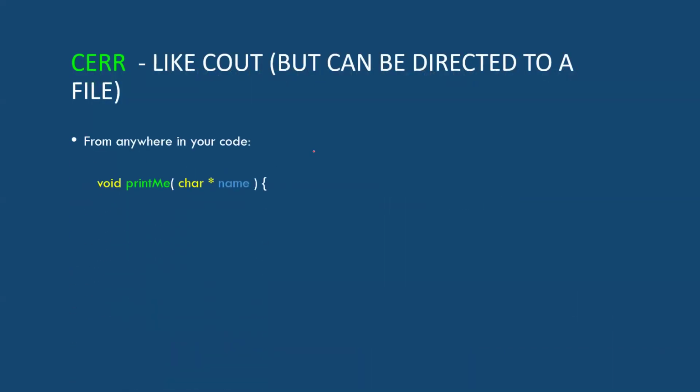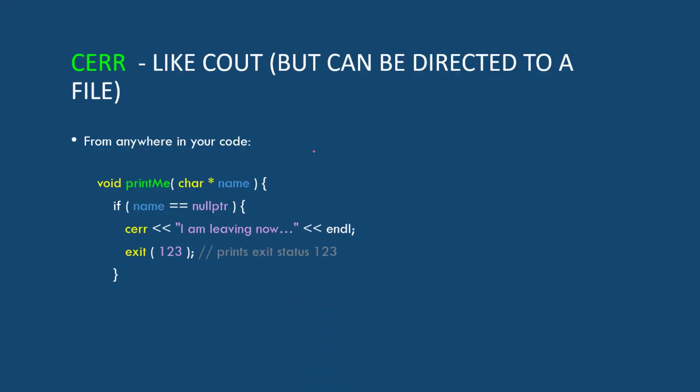CERR is just another form of cout that allows us to separate error messages after the fact. You're going to see it by default show up like a cout in your console, but there is a way to run your program so that anything that travels out through the CERR pipe can be pulled off and put, for example, in a separate file.